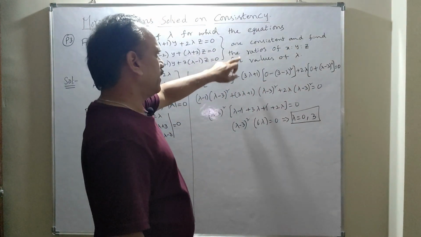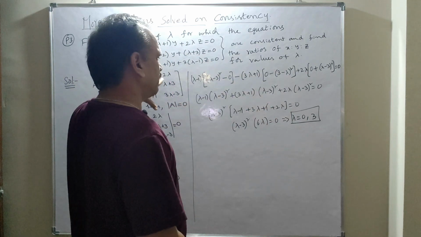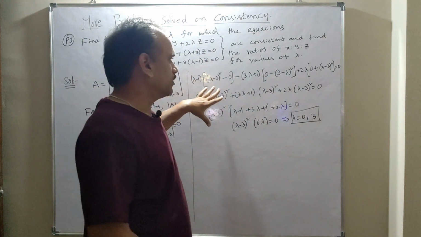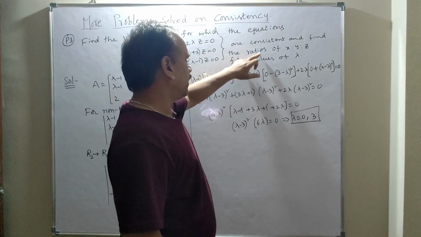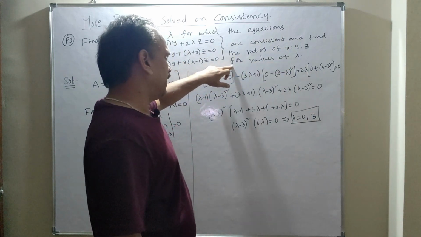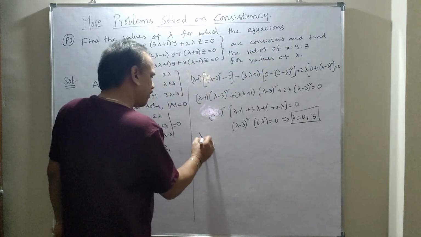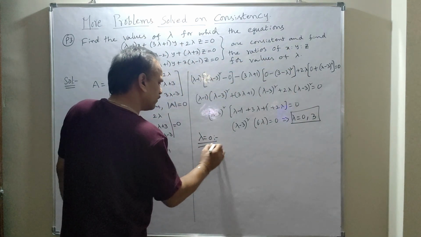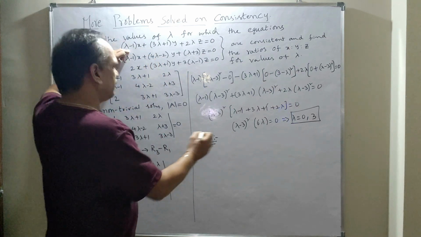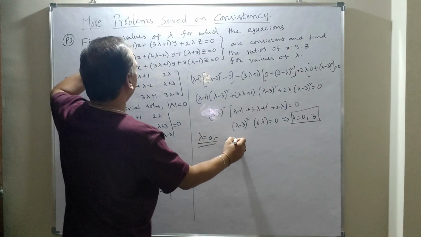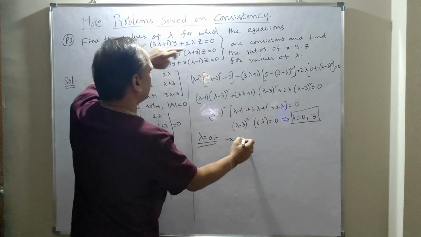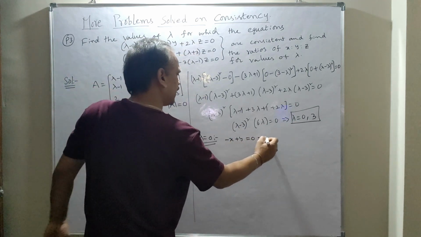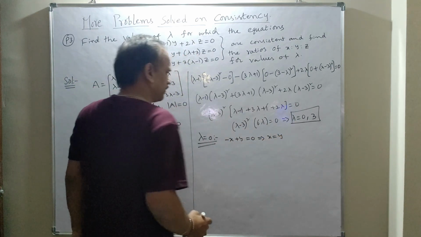Now for these values the system is consistent and has an infinite number of solutions. Now you are asked to find the ratio of x, y, z for these values of lambda. When lambda is equal to 0, what happens? This becomes minus x plus y plus 0. From this you get x equal to y.